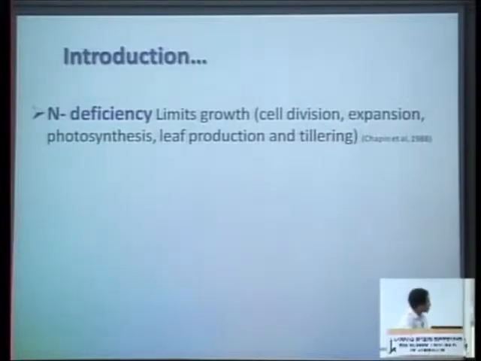Having this information, nitrogen deficiency is also another problem related to the water relation activities of the plant. It is known that nitrogen deficiency limits growth by limiting cell expansion, cell division, photosynthesis, leaf production, as well as tillering.